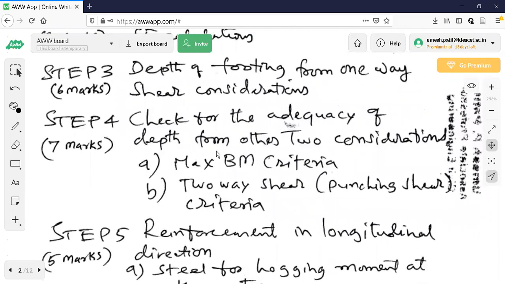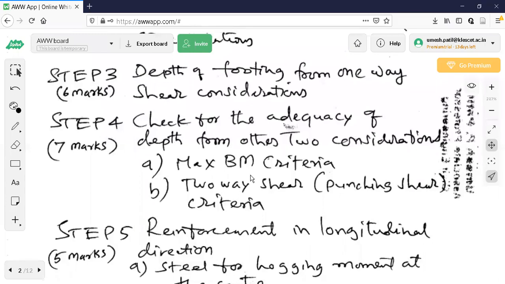Step 4 is to check the adequacy of the depth from the other two considerations. When you decide the depth, for these problems it is in between 650 and 700 mm. The depth is calculated from one-way shear, and the same depth, is it safe against bending moment and against two-way shear? We have to check that.